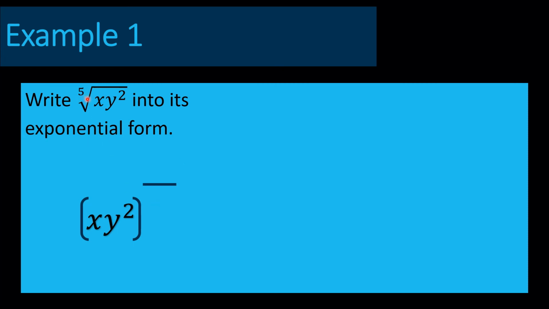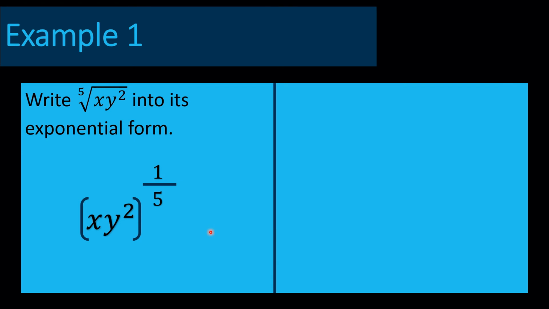Since the index is 5, that will become our denominator. And then, since there is no common exponent higher than 1, then 1 will become our numerator. Again, if there is no common exponent, automatically our numerator is 1 because exponent 1 is the common exponent.